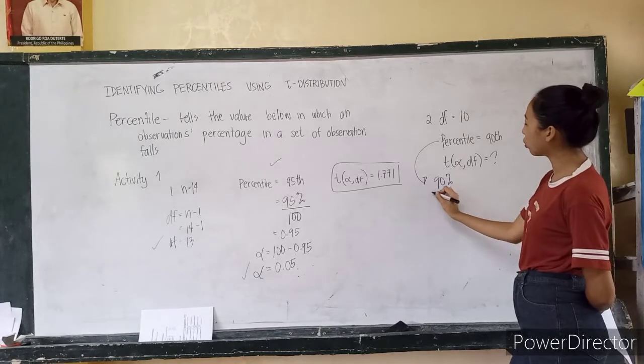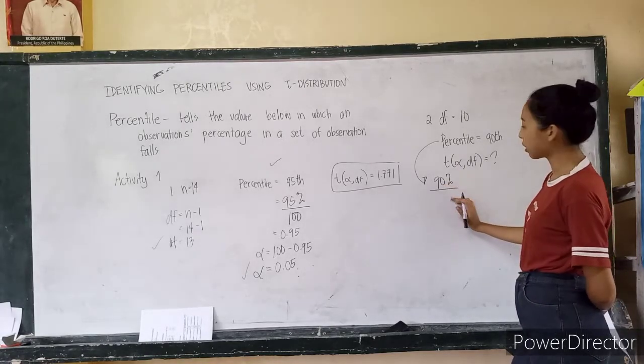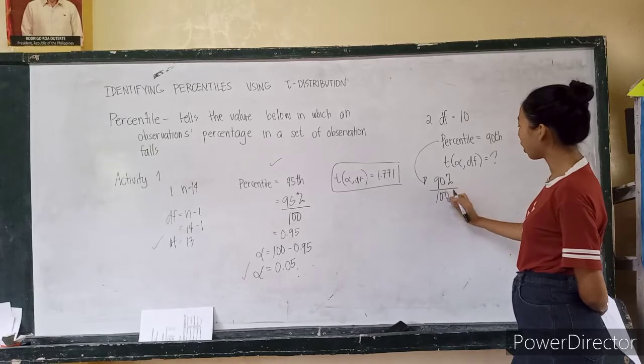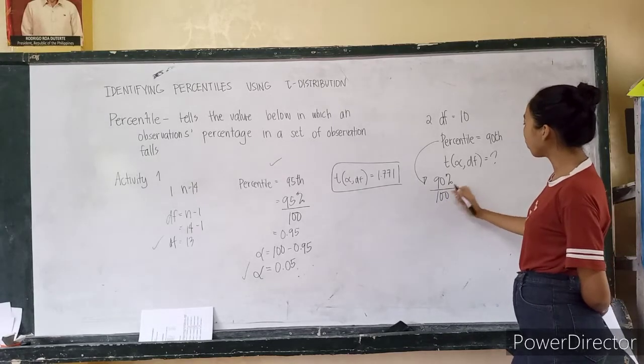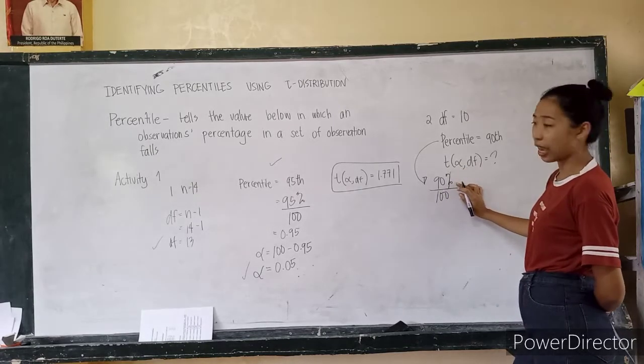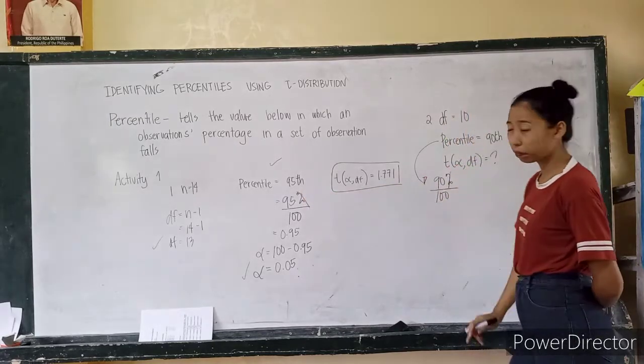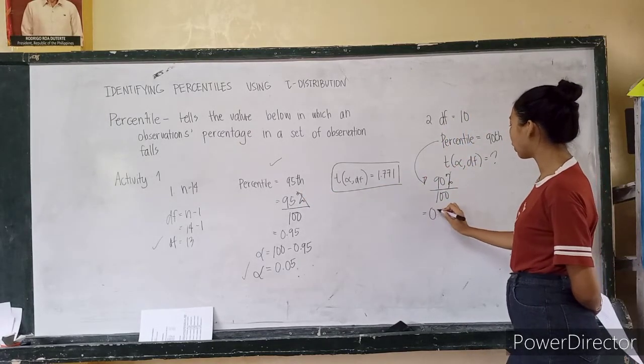Again, we are going to convert this into a decimal, so divide this by 100. The percent sign is cancelled out, and you are going to have 0.90.